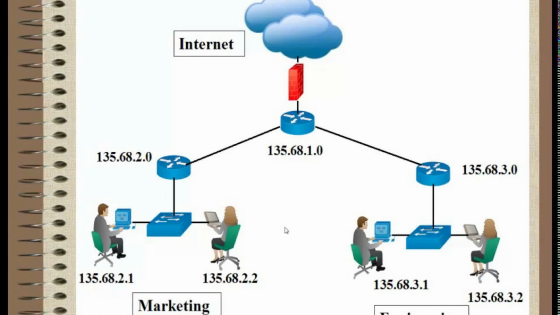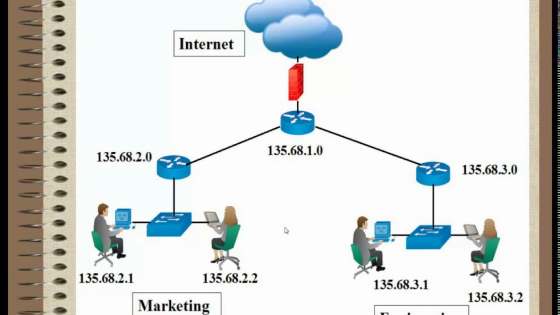Network classes: the network classes are A, B, C, and D. Class A starts with the subnet mask 255.0.0.0. The addresses range up to 126.255.255.255, connecting 16 million computers. Class B has the subnet mask 255.255.0.0.